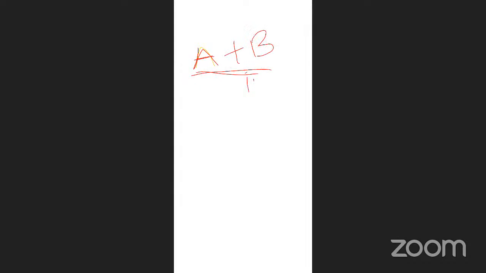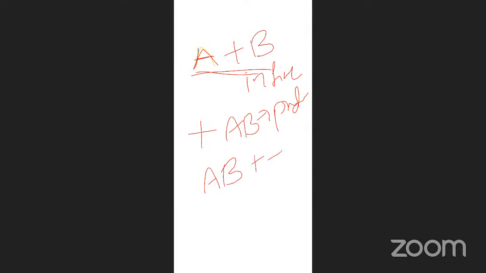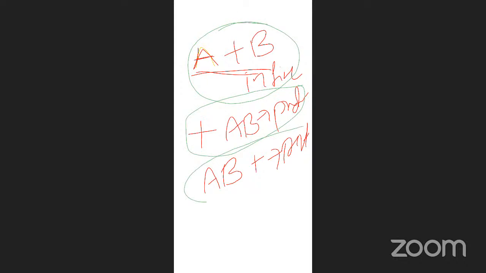Infix. And prefix is nothing but plus A B. You write plus A B. This is the prefix operation. And A B plus, A B plus, this is the postfix expression. So these are the three types of expressions. This is the infix expression, this is the prefix expression, and this is the postfix expression.